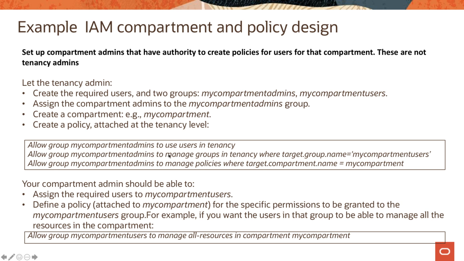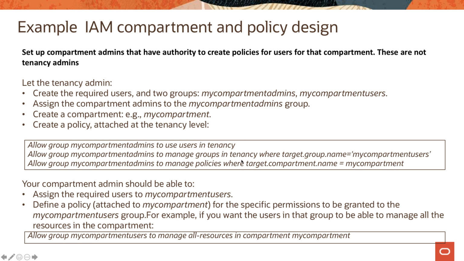And the second statement is allowing these admins to manage groups in the tenancy, but only for the group called My Compartment users group. So other than that, they are not able to manage the groups, but they need to manage these. And finally, they are able to manage policies, but only for their own compartment called My Compartment.